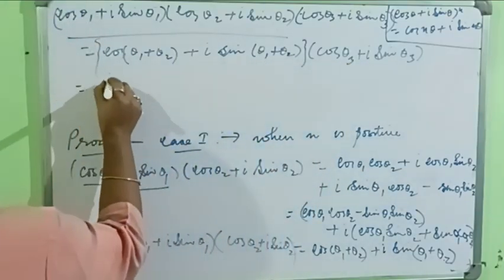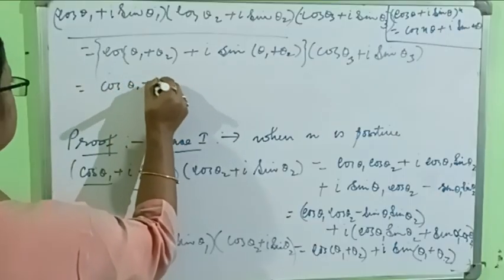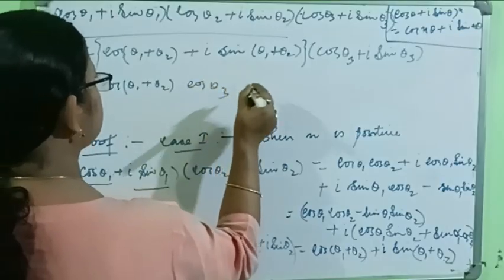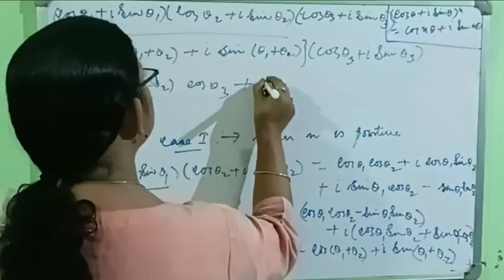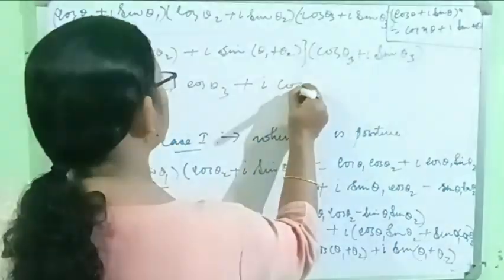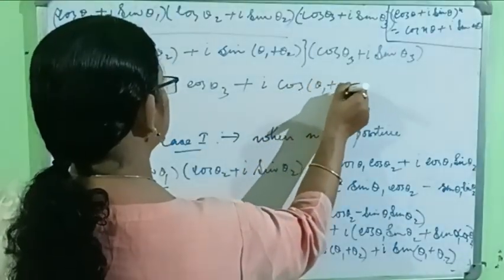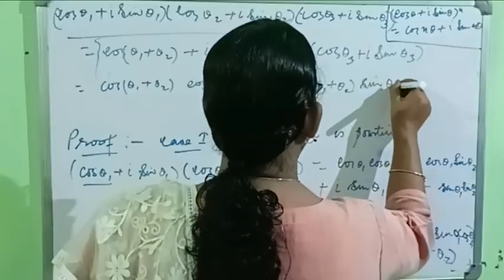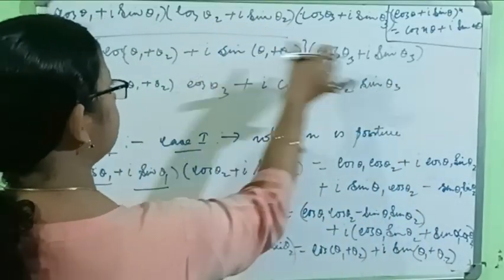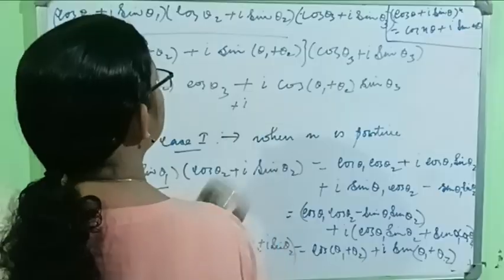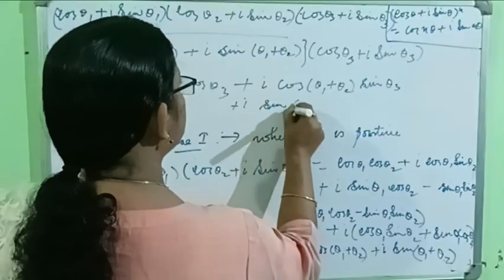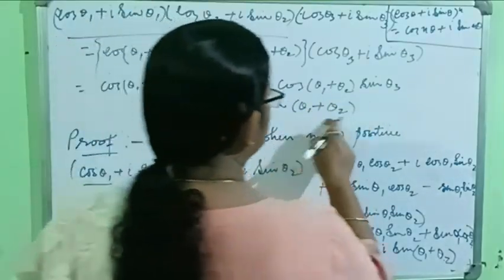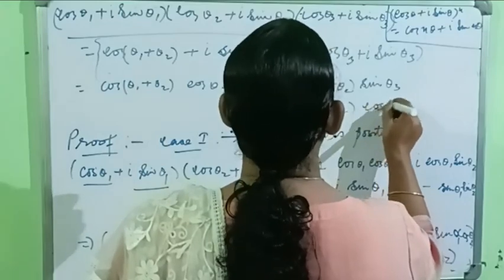You will get cos of theta 1 plus theta 2 cos of theta 3 plus i cos of theta 1 plus theta 2 sin theta 3. Then again this with this one. So i sin of theta 1 plus theta 2 again cos theta 3.